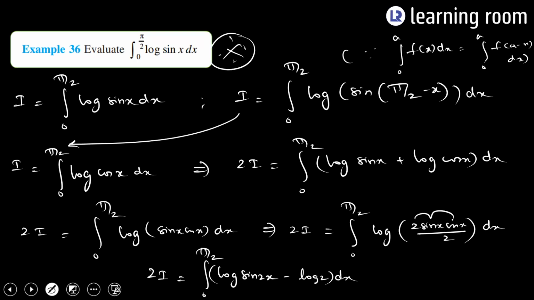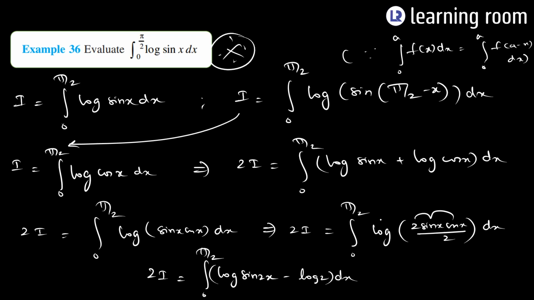So log of sin 2x by 2, and log a by b is equal to log a minus log b. Is that clear?